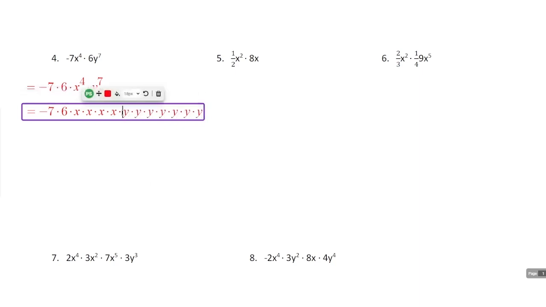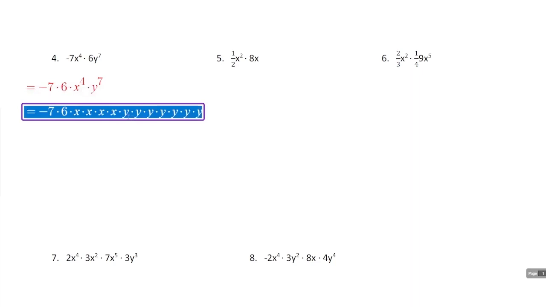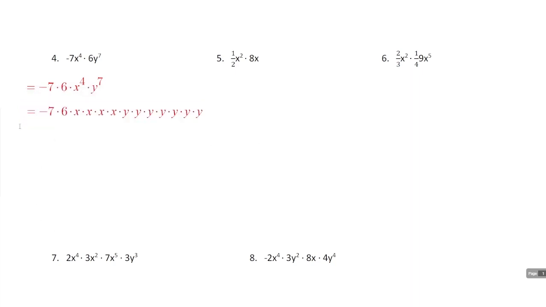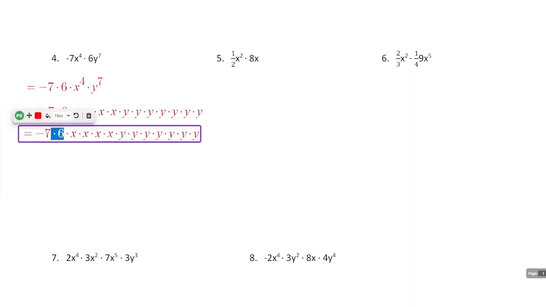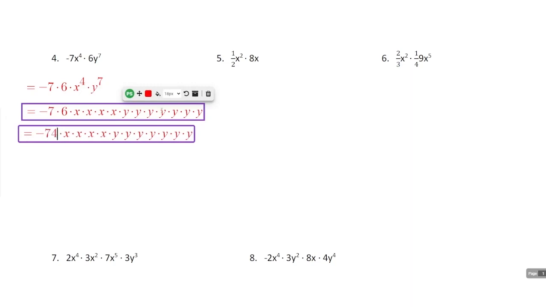Now x times y is just x times y. Again, we don't know what either number is, so we can't really put them together, and so they'll remain separate. 7 times 6 is going to be 42, and we still are left with 4 x's and 7 y's.